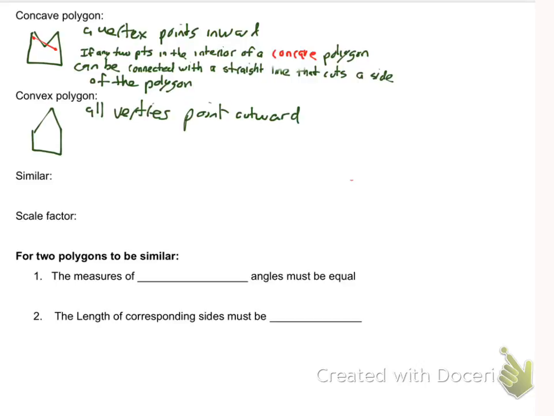But similar means that you have the same shape. Everything's the same except for the size. Okay? As in angle-wise. And so what they say, it's a magnification or reduction of another shape.